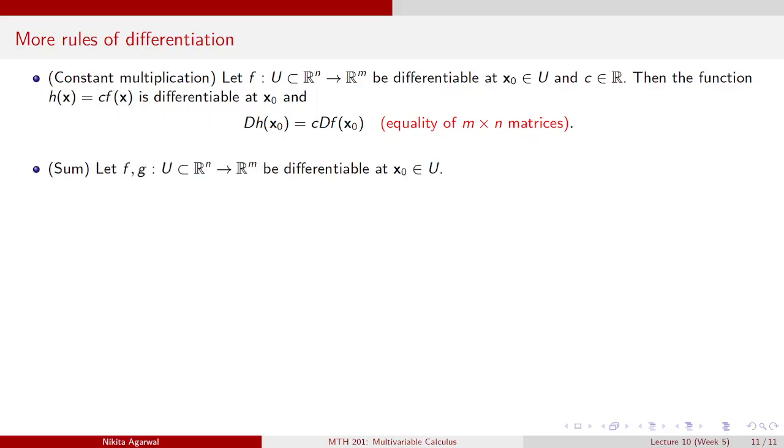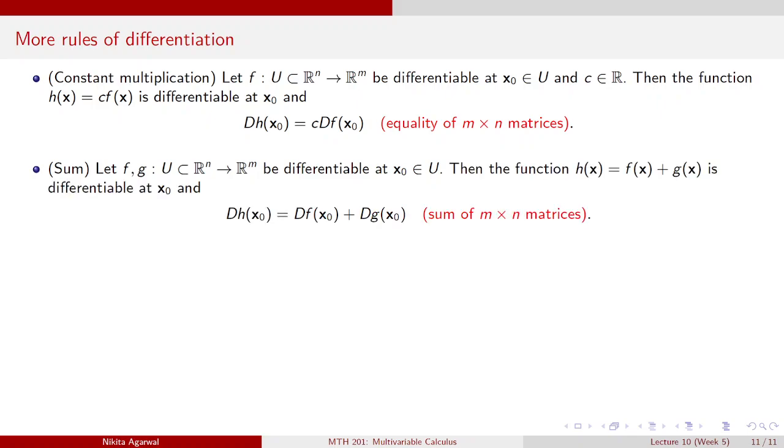Then you have the sum rule. If you have two functions which are differentiable at a point, then their sum is also differentiable, and the derivative matrix of the sum is the sum of the derivative matrices of the individual functions. Then you have the product rule.